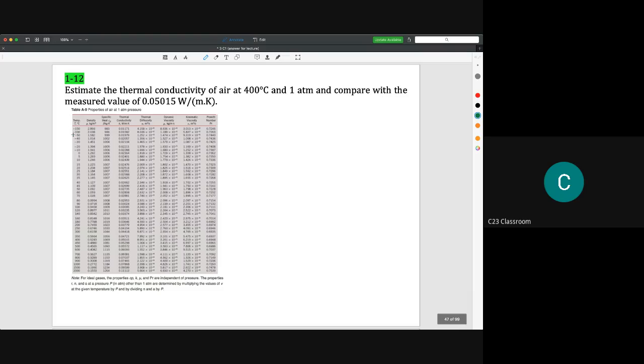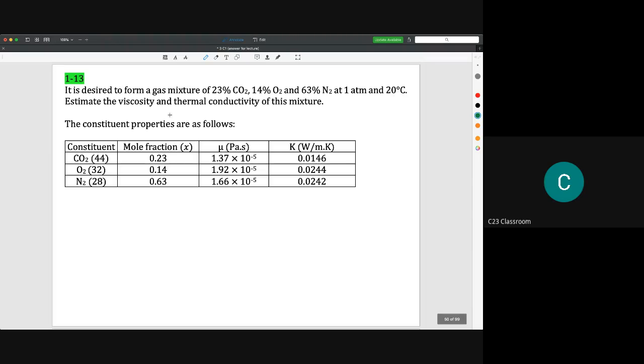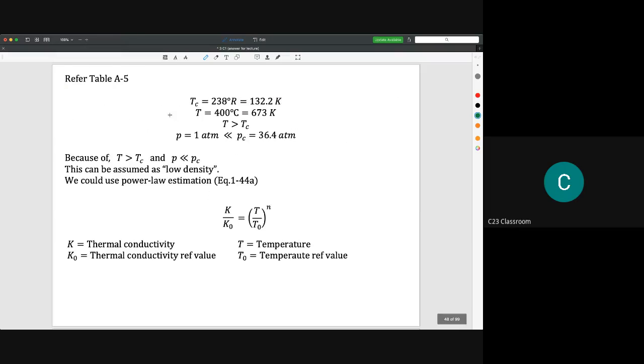Okay, and then this is about another thing, the thermal conductivity. For example, you have 400 degrees Celsius and 1 atm, and then you need to compare with the measured value of 0.05015 watt per meter kelvin.